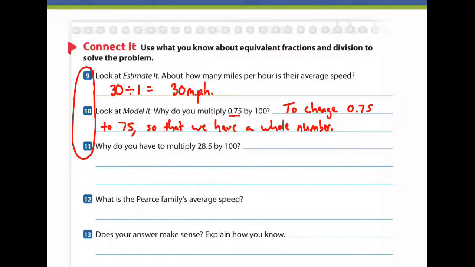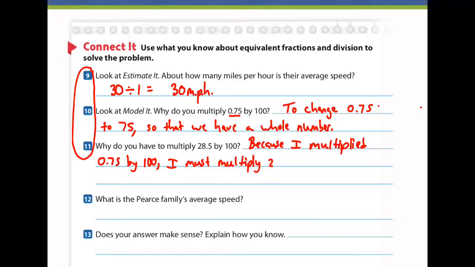So when I go back here, why do you have to multiply 28.5 by 100? Well, the reason is because I multiplied 0.75 by 100, I must multiply 28.5 by 100 as well.